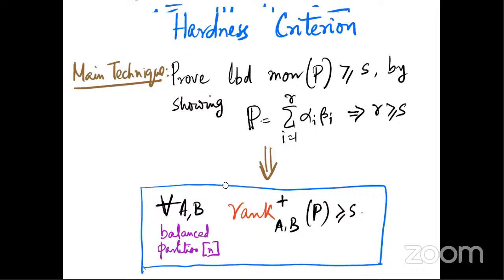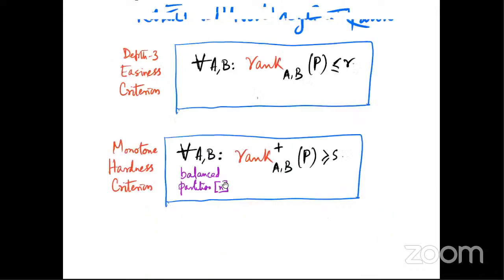For every possible partition of the blocks, you can define the rank, and it will turn out that for every balanced partition, the non-negative rank has to be at least S. So this is what the hardness would imply. This is a weak implication, a necessary condition that your polynomial must satisfy if there's any hope to prove a lower bound.